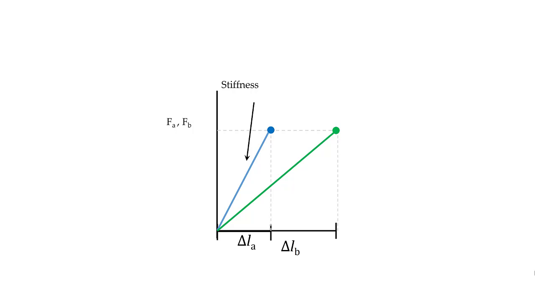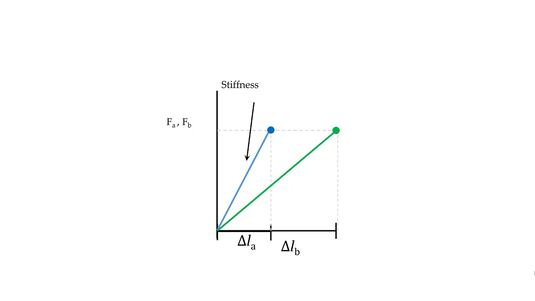Notice that material A, or the blue tube, has a stiffer slope than material B, or the green tubing. The steeper slope means that that blue tubing is going to be stiffer than the green tubing. Said another way, the green tubing is going to be more compliant than the blue tubing.